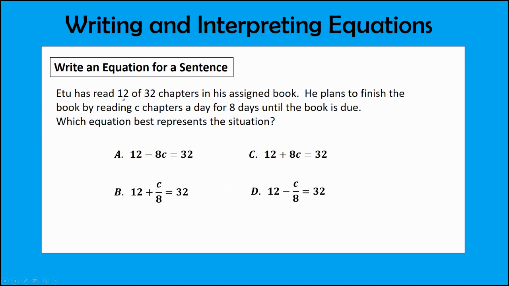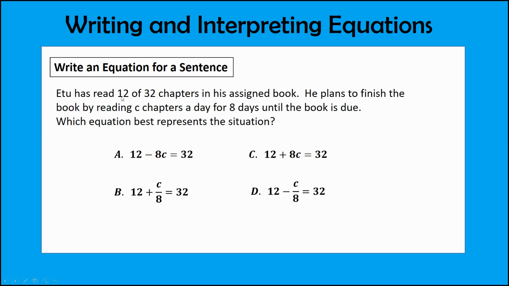Okay, Eddie has read 12 of 32 chapters in his assigned book. He plans to finish the book by reading C chapters a day for 8 days until the book is due. Which equation best represents the situation? Now if he's going to read C chapters a day for 8 days, then we should understand that 8 times C is the number of chapters he's going to read in 8 days.